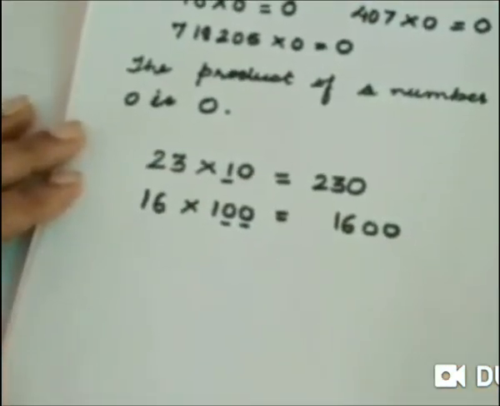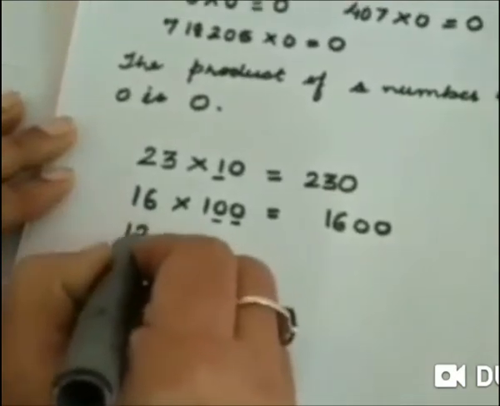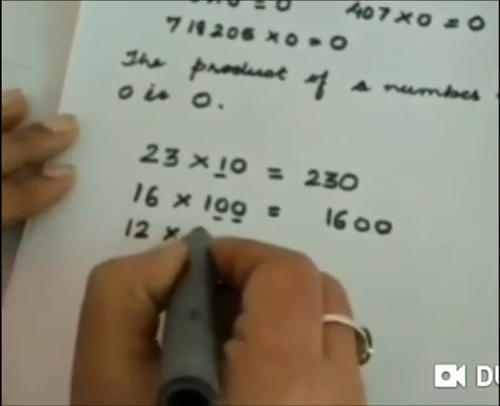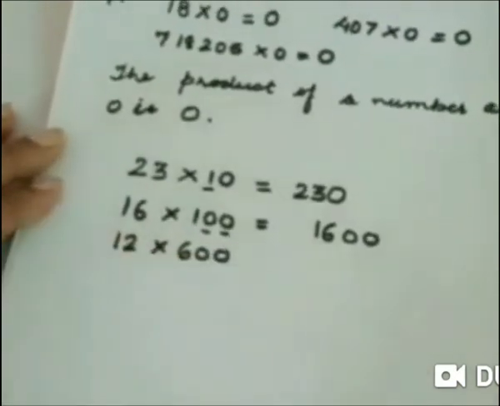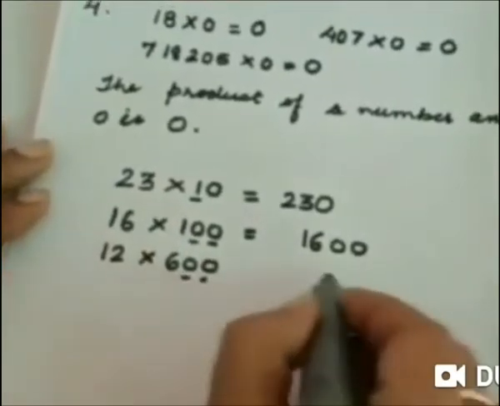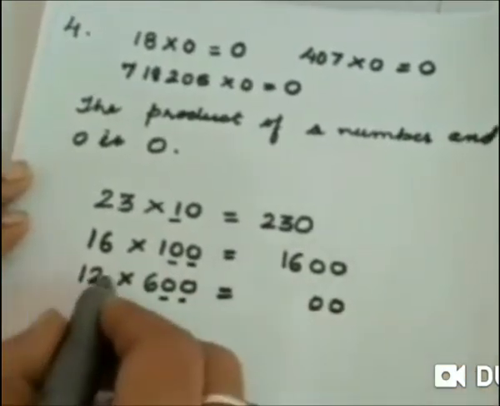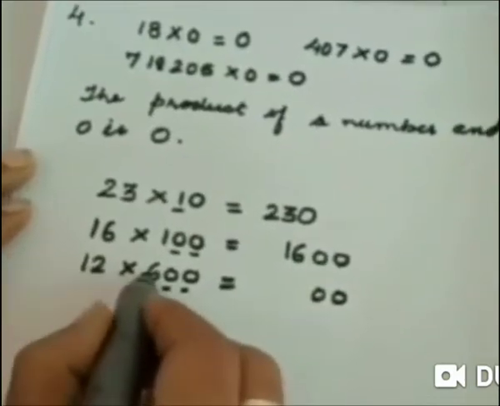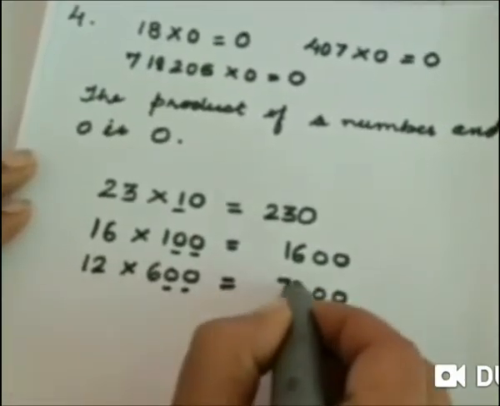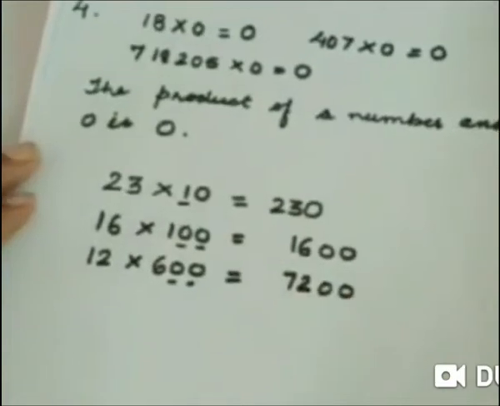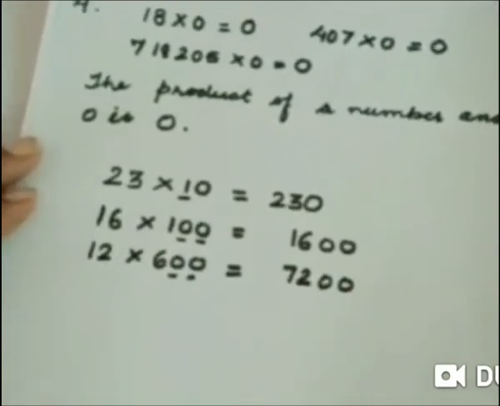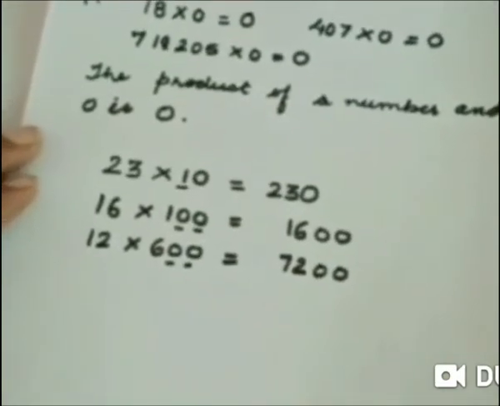Now suppose I have to multiply the number 12 by 600. Again there are 2 zeros. So first I will put 2 zeros. Now I will multiply 12 by the non-zero part. Now 12 6s are 72. So the product becomes 7200.